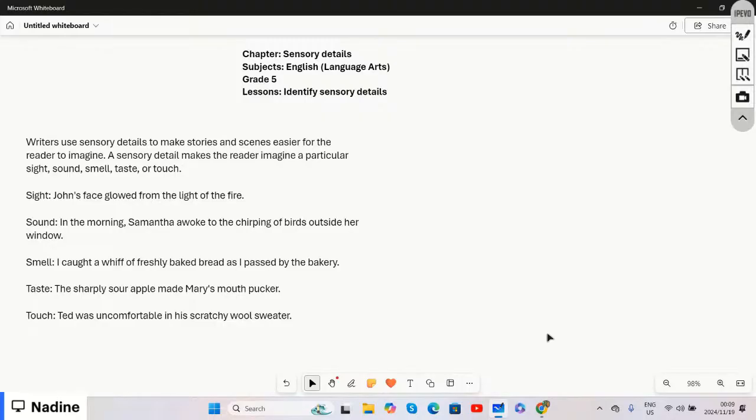They don't show you what you can see, but they describe characters within a story that will show you, okay, this is what the person looks like, or this is what the thing looks like. They will create sounds within the story to create an idea as though you are there hearing the specific sound, but there is no sound. Because remember, when it comes to reading, we need to use our imagination. It's not like in the movies.